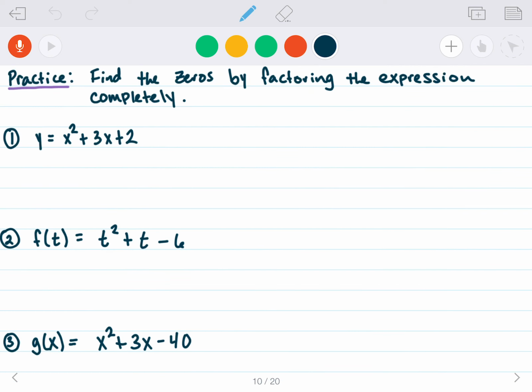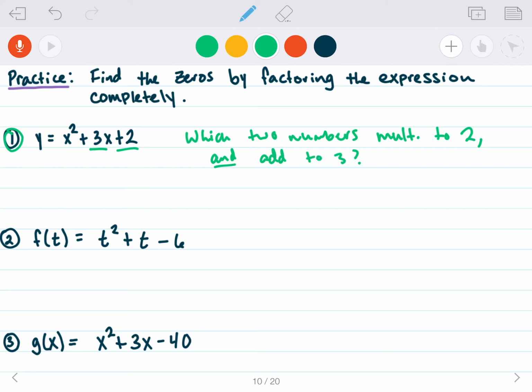All right, let's try to practice this. So for number 1, we have: which two numbers multiply to 2, that's C, and add to positive 3?